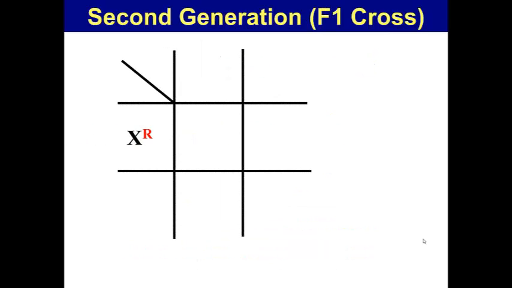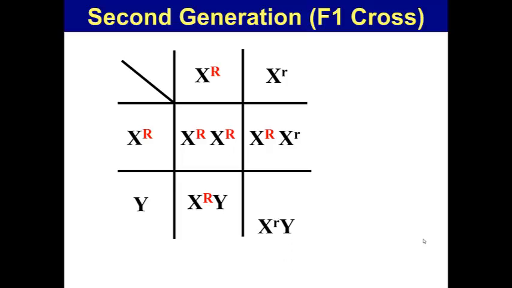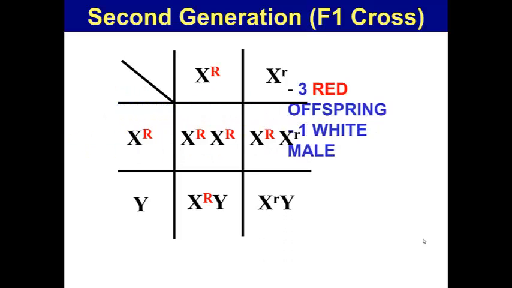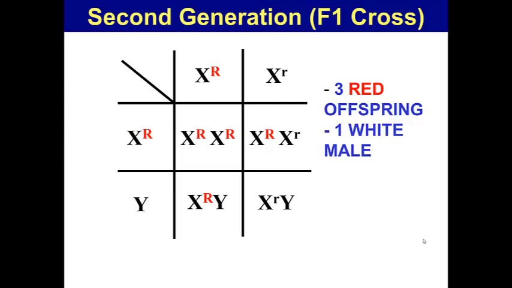In the second generation, or the F1 cross of that same cross, you have a red-eyed male crossed with a heterozygote. Your result is 1 female that is homozygous for red eyes, 1 female that is heterozygous and displays red eyes, 1 red-eyed male and 1 white-eyed male. You get 3 red offspring and 1 white male.